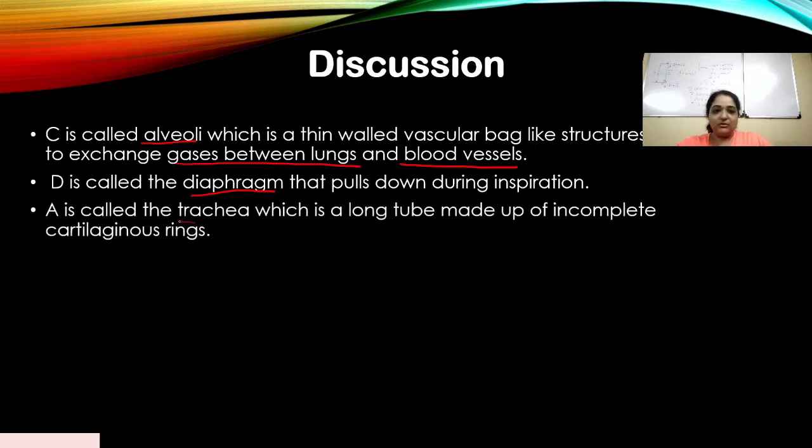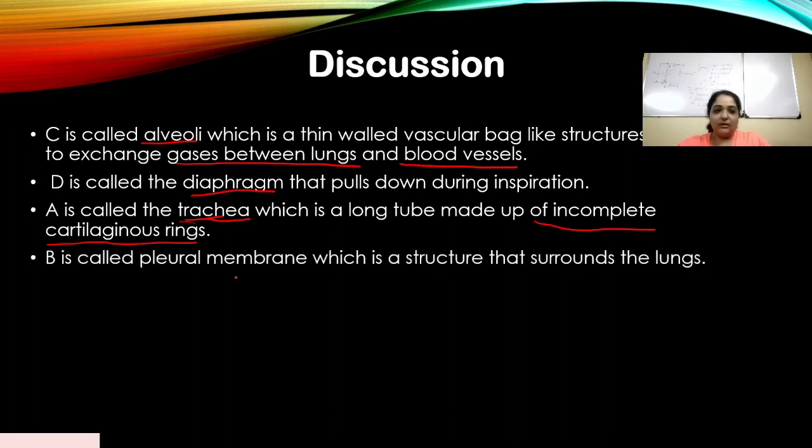A is called trachea, which is a long tube made up of incomplete cartilaginous rings. Please remember it's incomplete. B is called pleural membrane, which is a structure that surrounds the lungs. Now we've discussed the first question. We'll move on to the second question.